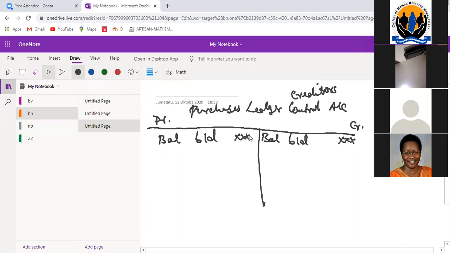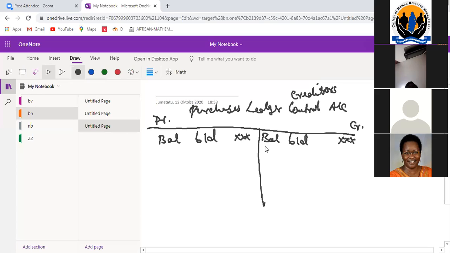And again here, this one arises through a case whereby some creditors are supposed to refund us some money, either because we paid them in excess, or after clearing their account, we find that some of the items that they gave us are not actually good, so we return them. So we return these goods to them after we have paid. So they need to refund money for the items that have been returned to them, because we had already cleared.